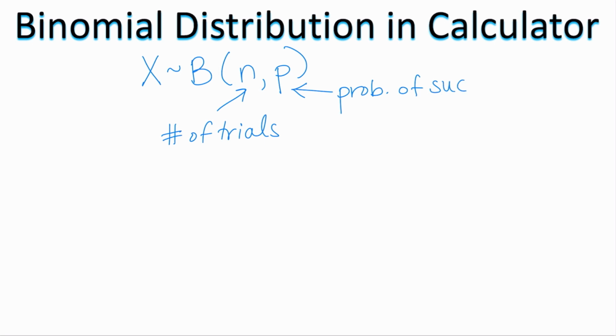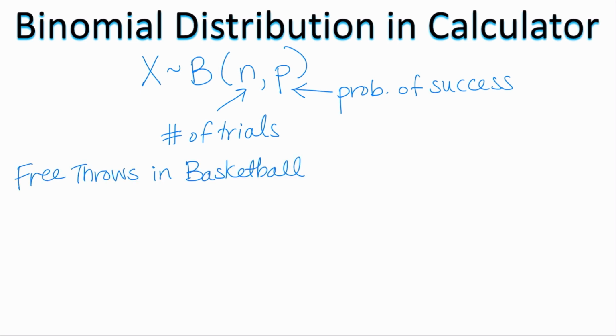So I'm going to give you a very basic example. Let's say that we're talking about basketball and we're going to be making free throws. And let's say we're going to talk about my probability of success. So if I make 10 free throws, I'm going to get 2 of those balls in the basket.